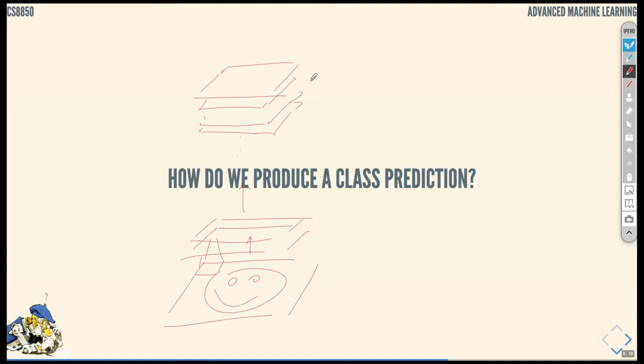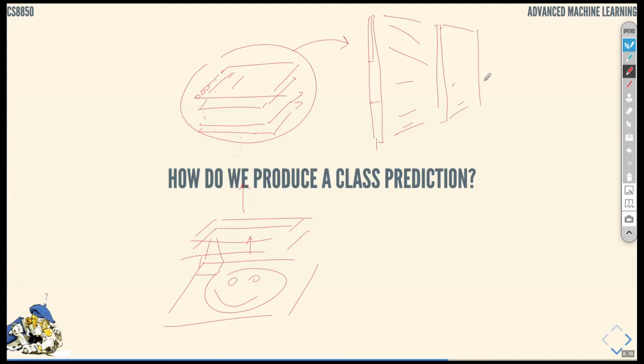So what do we do here? One way to do it is to just take all this and vectorize it into a vector. Take all of those elements one by one and put them here. Take another channel, put it here, and then once you have it, you can put a feed-forward network. So basically this operation is flattening, right?